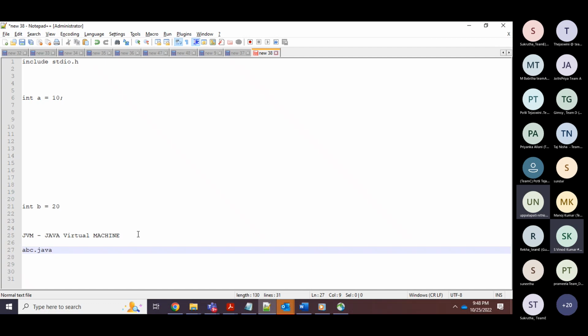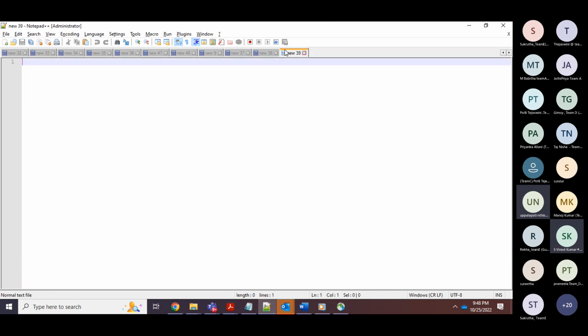Got it? Now, this Java file, for example, take this is abc.java. So I have written integer a equal to 10, System.out.println of hello.